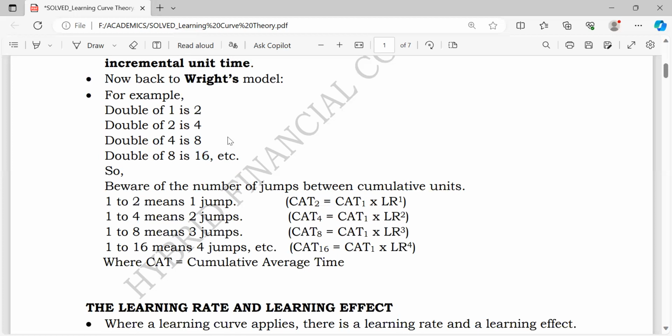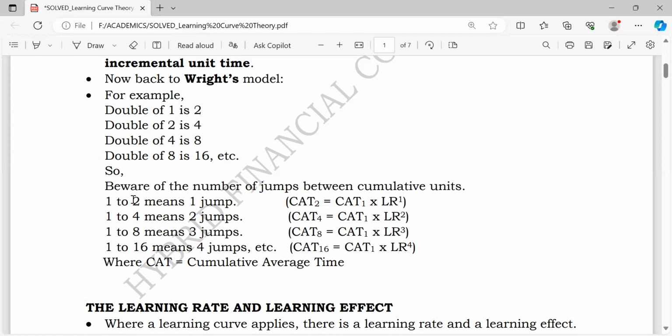How can you relate between 1 unit and 16 units? If 1 unit doubles to 2, this is the first jump. 2 doubles to 4, second jump. 4 doubles to 8, third jump. And 8 doubles to 16, which is the fourth jump. So we'll take a look at how the jumps can be related so as to come up with a particular equation, right?